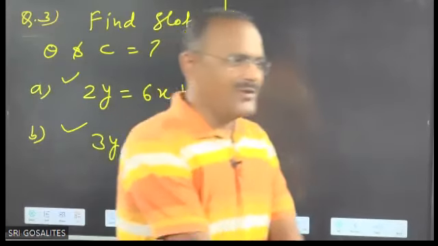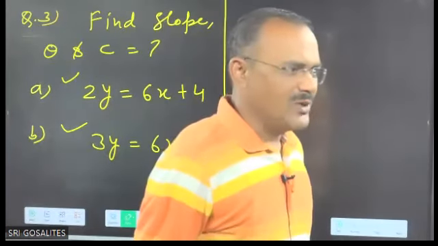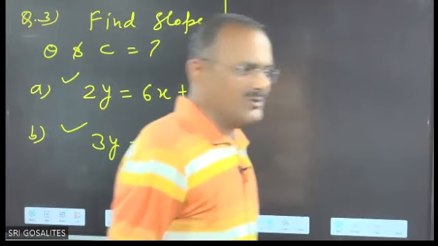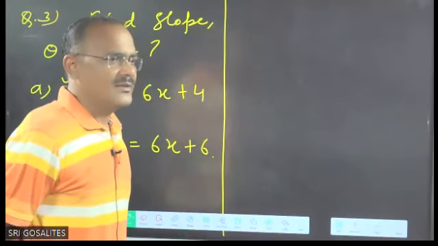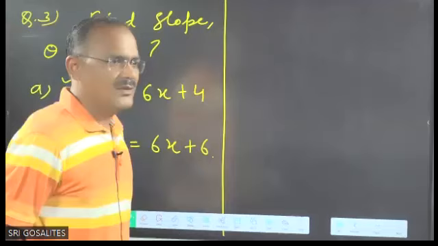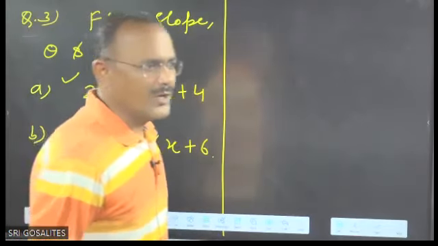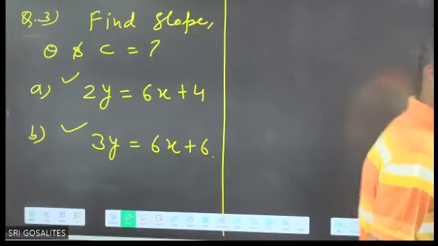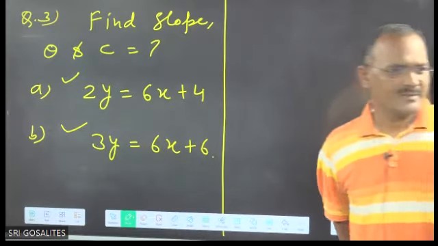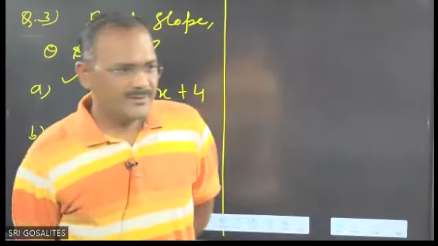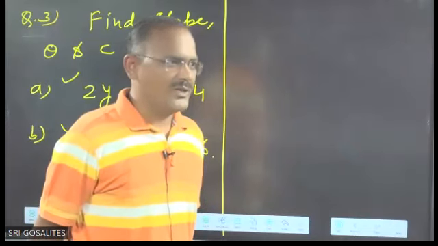Ushasri: m is 3, sir, c is 2. Sohan is answering m is 2, sir, c is 2. Okay. Rest of you all, text your answers, please. Come on. Medha is telling m is 3, sir, c is 2. Very good.